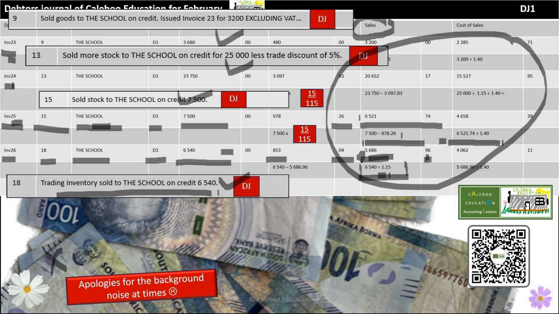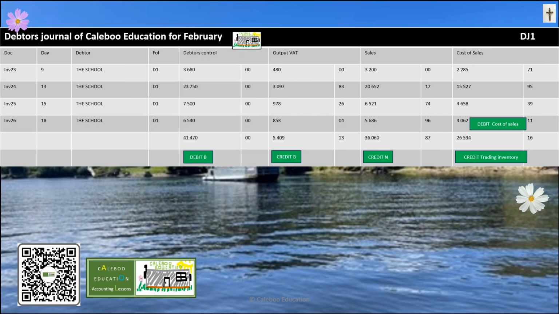But before we go there, I'm just going to show you this completed journal, neatly presented, not with all these markings. That will be coming up shortly. And here it is, this beautiful document or journal, the Debtors Journal of Calibre Education.